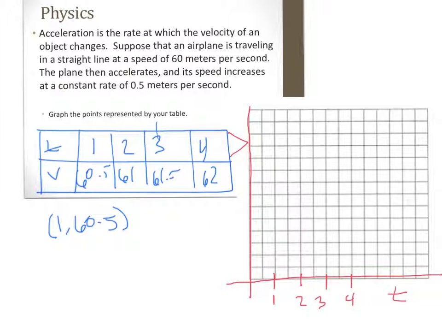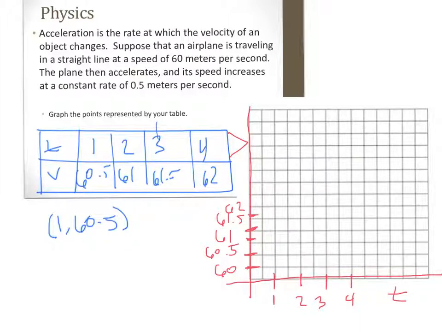I can basically say that this right here is 60, and I can do 60.5, 61, 61.5, and 62. A little messy, apologize, but gets the point across.